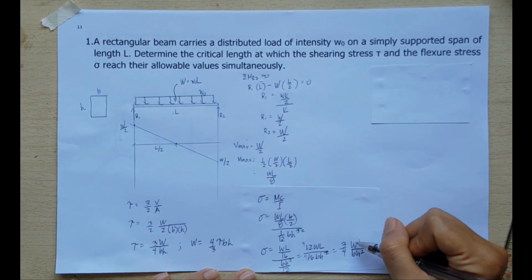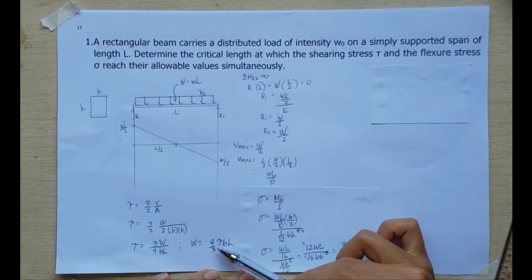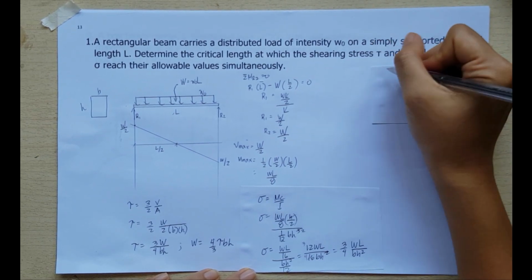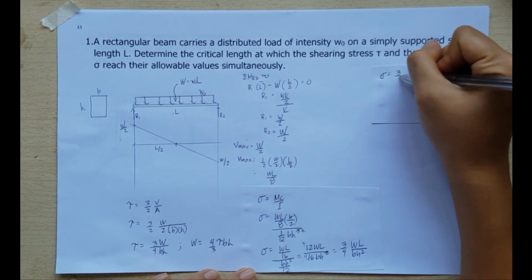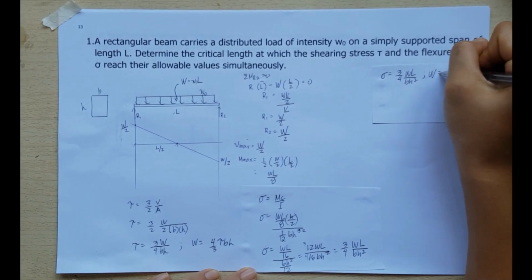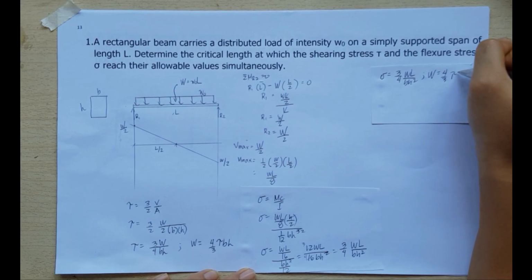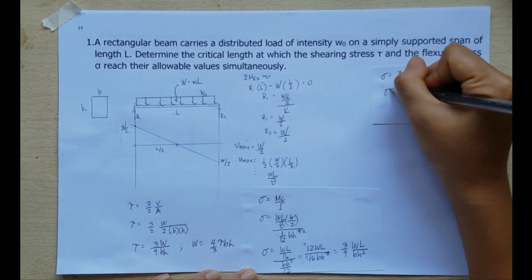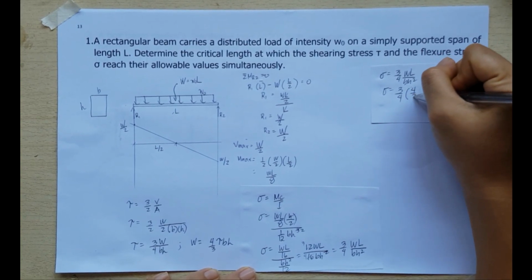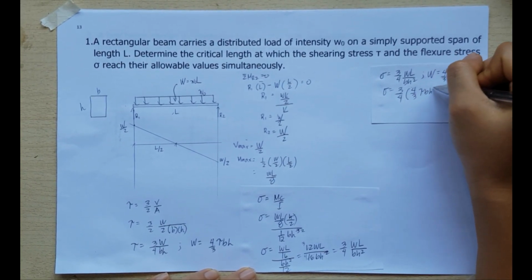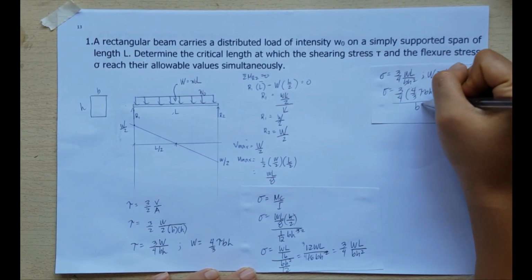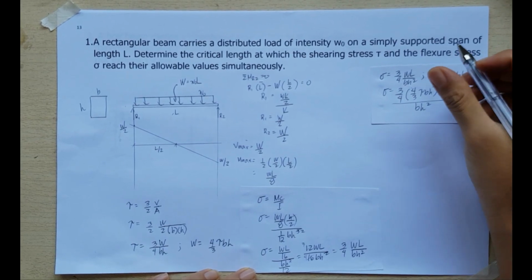And take note that our W is also equal to 4/3 of the shear stress multiplied by BH. So let us continue here. We have 3/4 WL all over BH squared, and then we substitute W with 4/3 of the shear stress multiplied with BH. So we have 3/4 multiplied by 4/3 of shear stress BH multiplied with length all over BH squared.